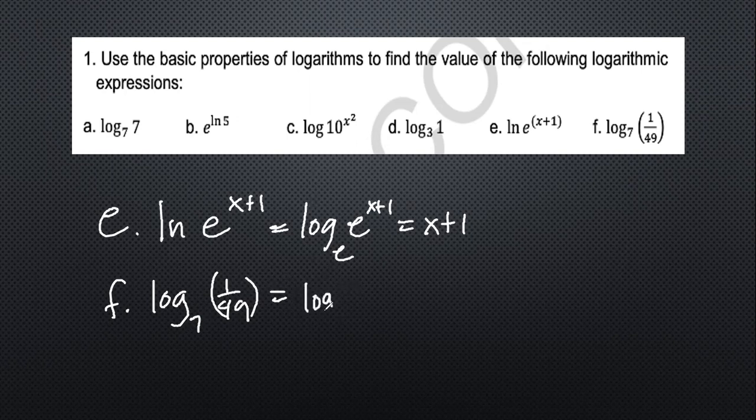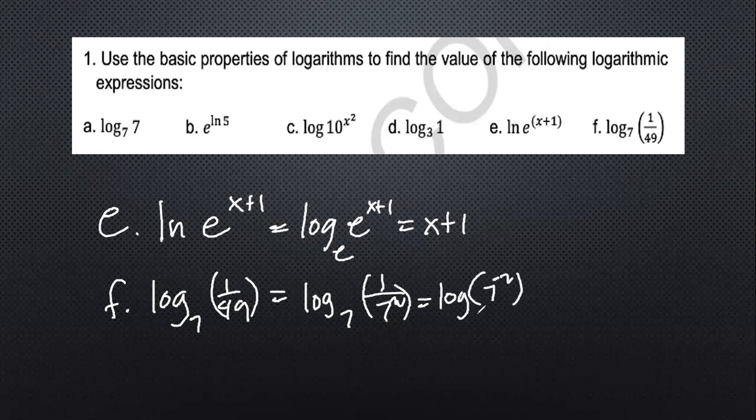So we know that 49 can be written as 7 squared, base 7. Then you can transfer this 7 squared above, but this time your exponent becomes negative. So you have logarithm of 7 to the negative 2, base 7. So the 7s now are the same, so your answer is negative 2.